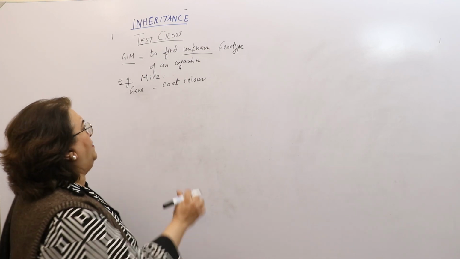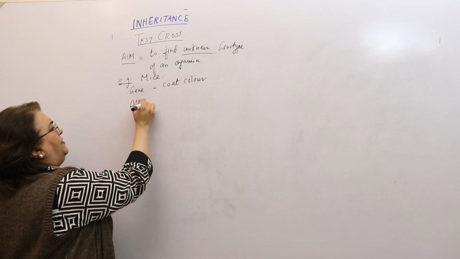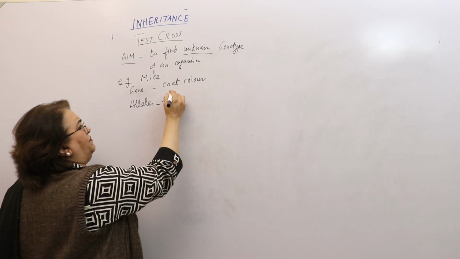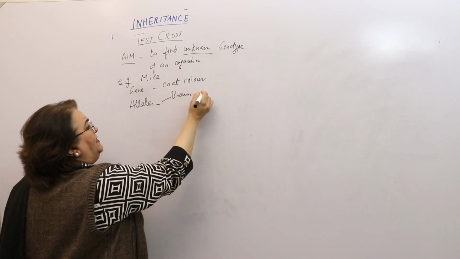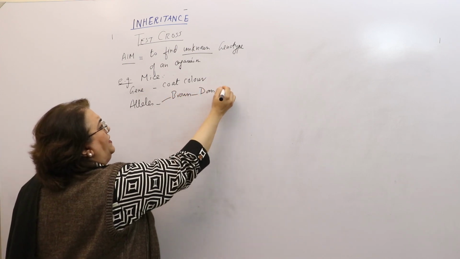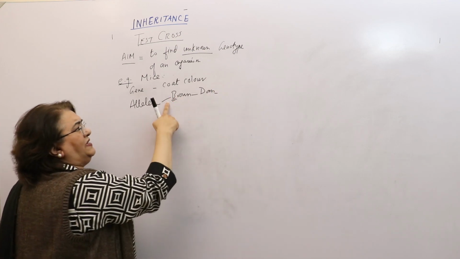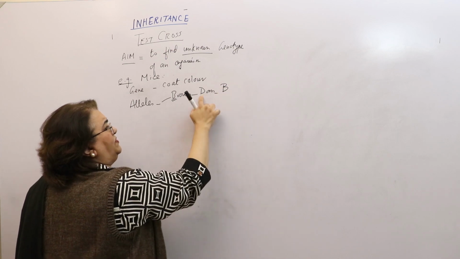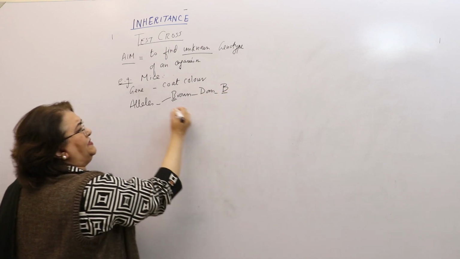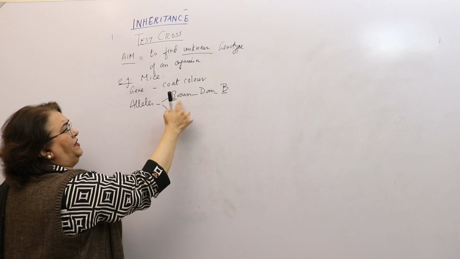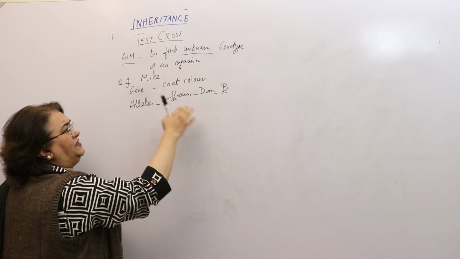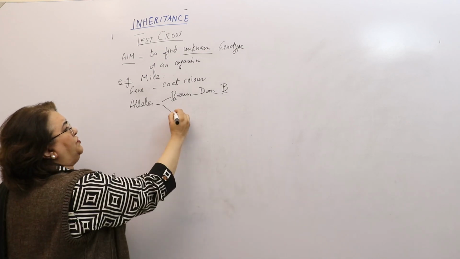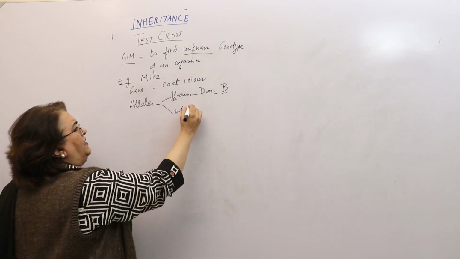Now, how do we write it down? Alleles are written as two letters. If it is brown, that is the dominant trait, so we will use the first letter of the word brown, the capital letter B. The other one is the recessive one, white.